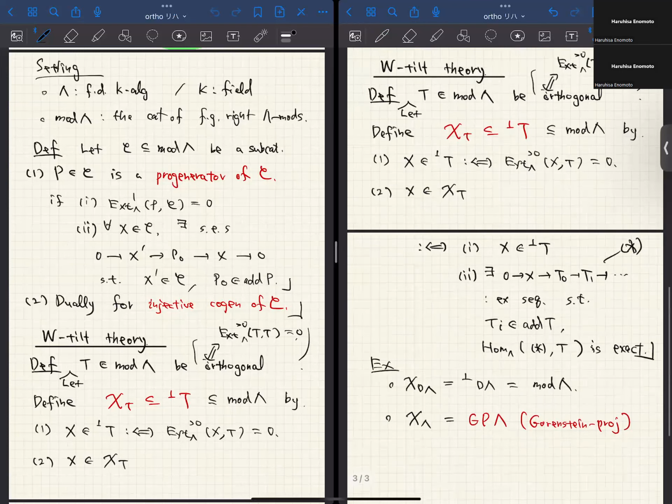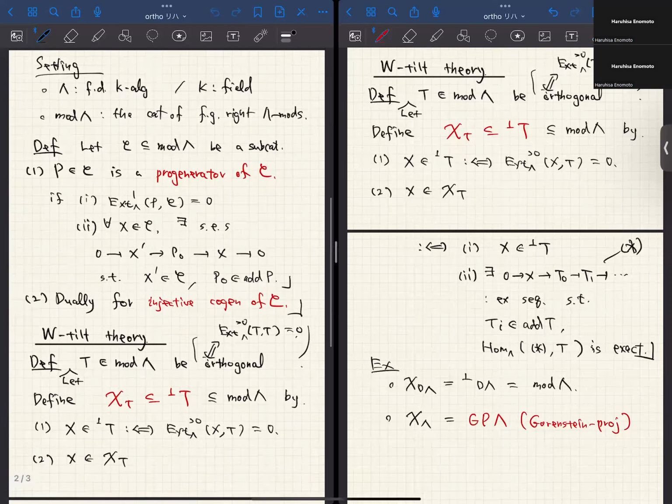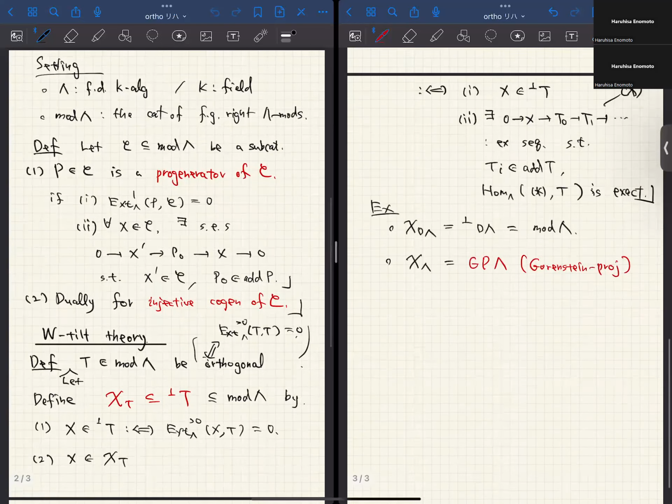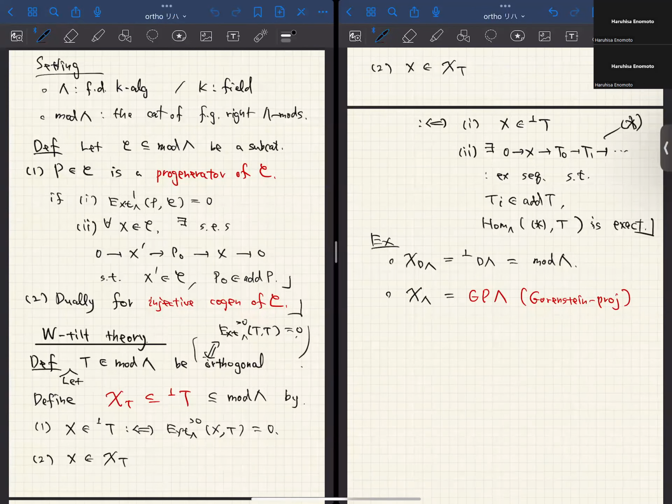So the basic idea is that in these two subcategories, T behaves like an injective object and injective cogenerator. And this can be made precise by the following proposition, or theorem, maybe.